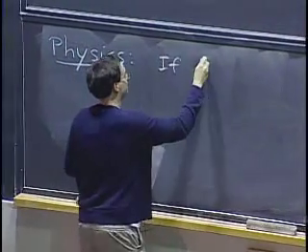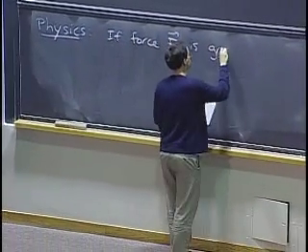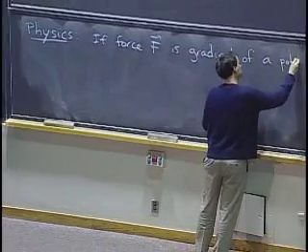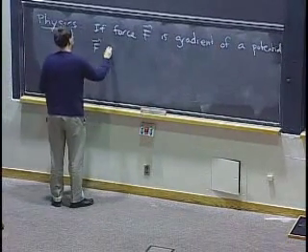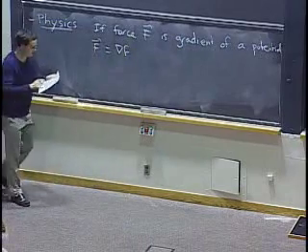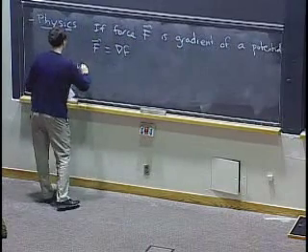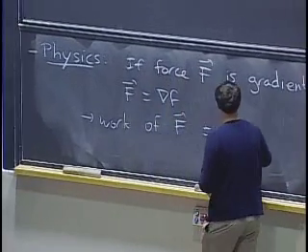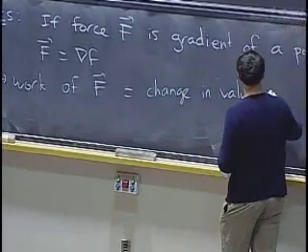So if a force field is the gradient of a potential, so I'll still keep my plus sign, so maybe I should say this is minus physics, but the work of F is the change in value of potential from one endpoint to the other endpoint.